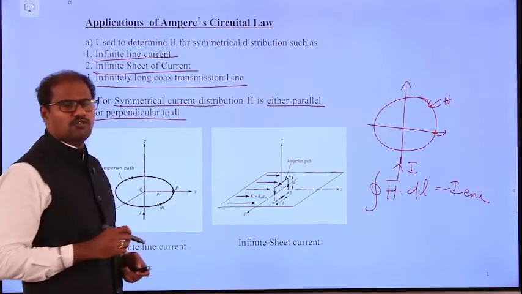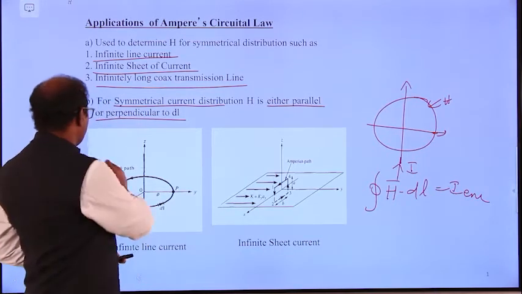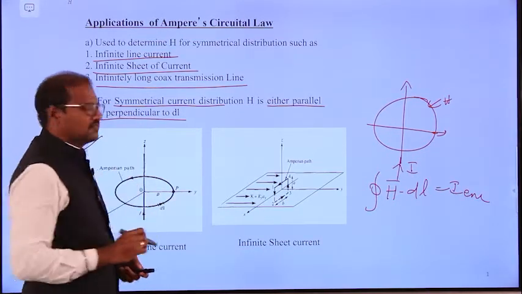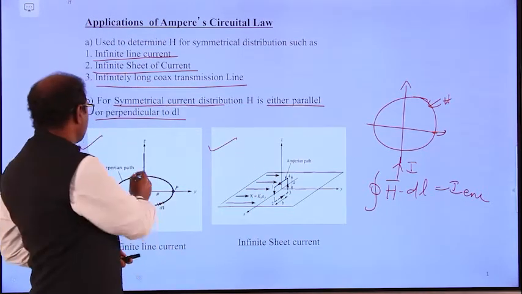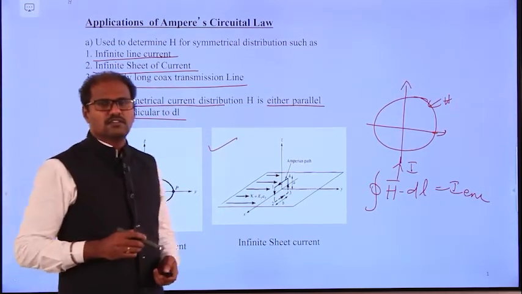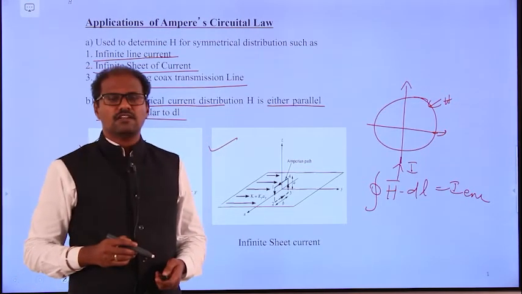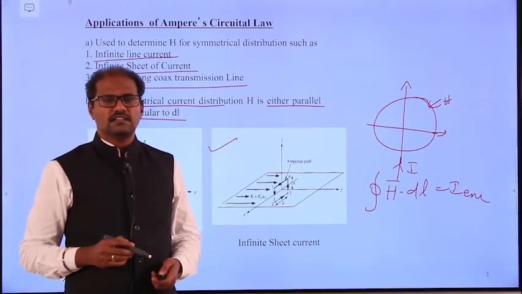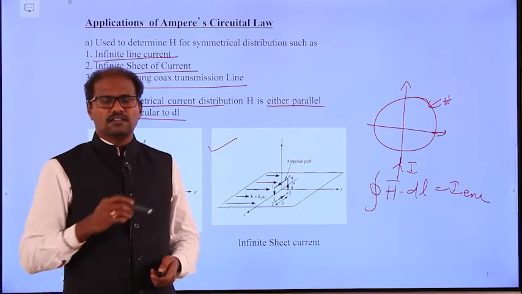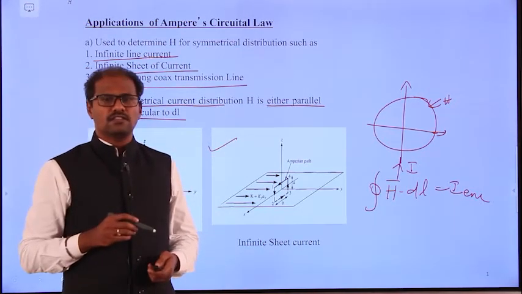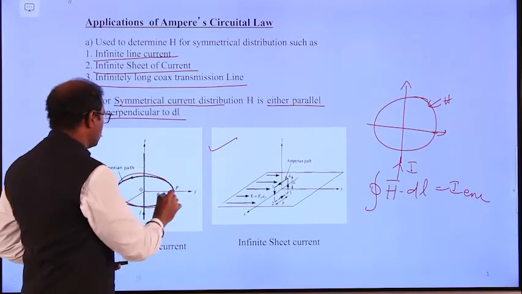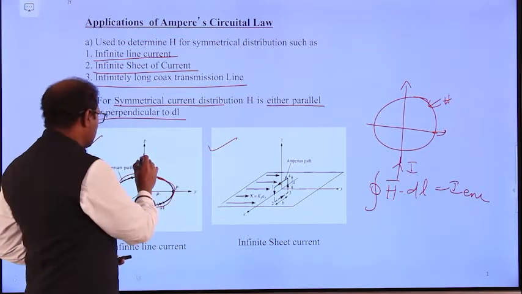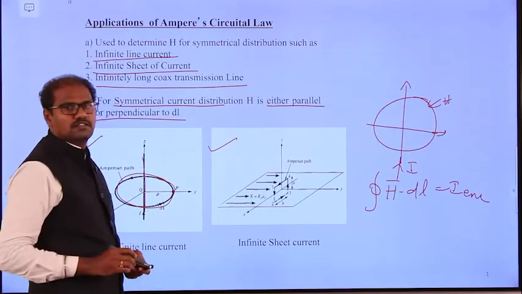Now look at the diagram over there. This is for infinite line current. This is called infinite sheet current. With the help of the infinite line current, we have to find the magnetic field intensity on the ambient path, the circulation path. This is a line conductor, and current is moving there.